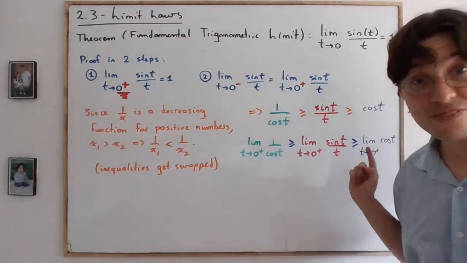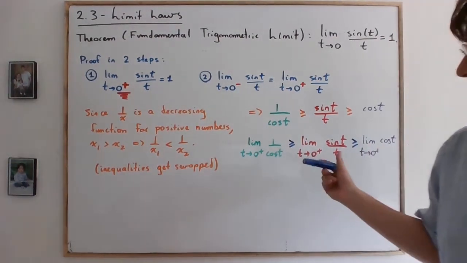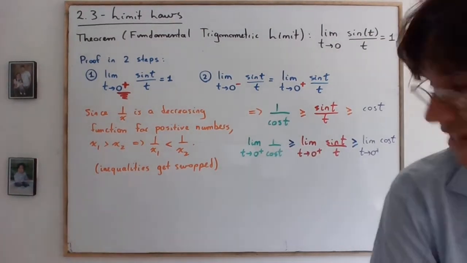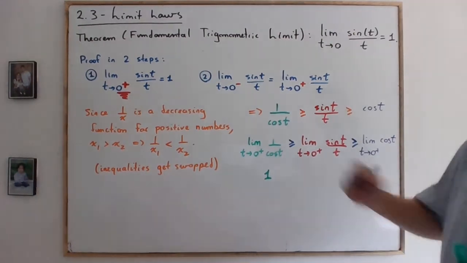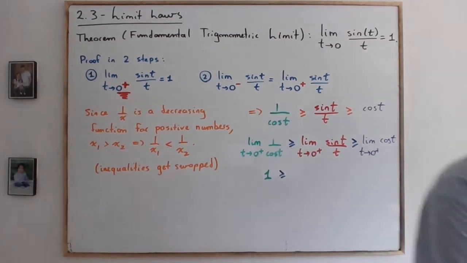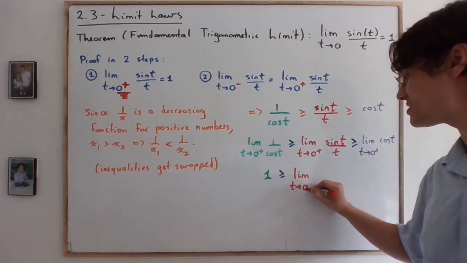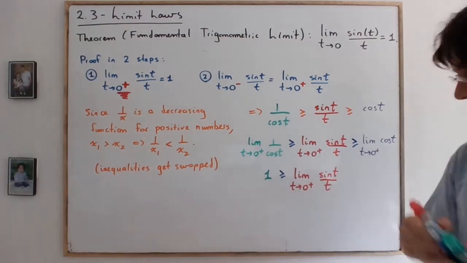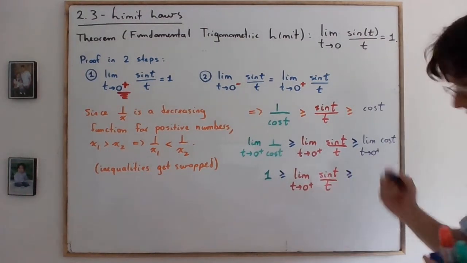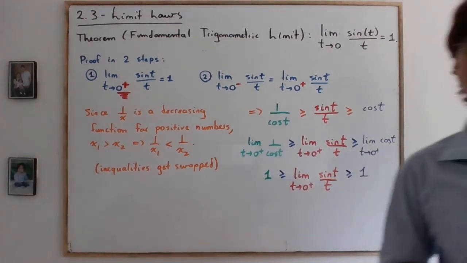However, these limits are not indeterminate forms. They're easy to compute. This is 1 over cosine of 0, so it is 1, greater or equal than the limit as t approaches 0 plus of sine of t over t, which is bigger or equal than, again, this limit which is easily seen to be 1.